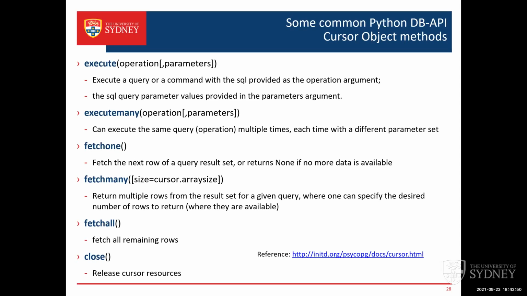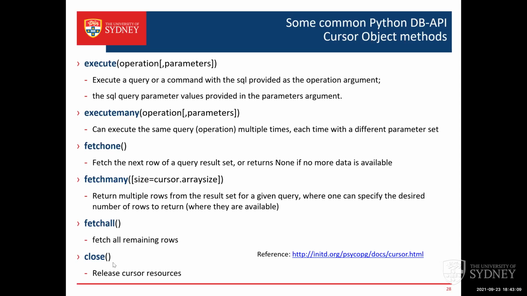If you want to get more than one row at the same time, you can use fetch many, and then you can pass the size in here. If I write fetch many, then 5, that simply means that you will see 5 results. Fetch all will give you all the rows that you have.